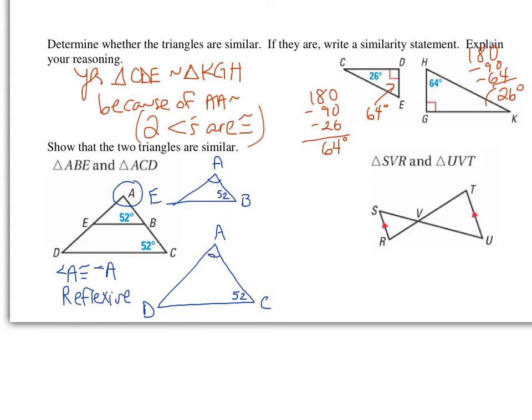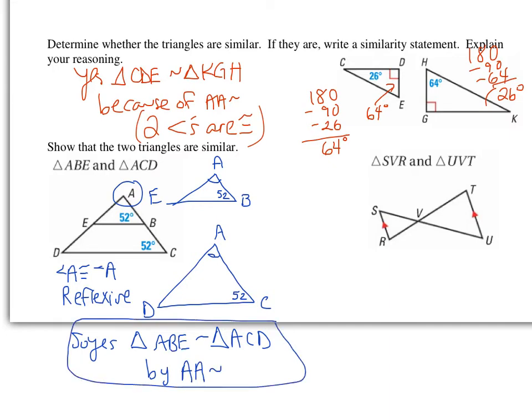So with that, we have 2 angles that are congruent. So yes, the 2 triangles are similar to each other. Triangle ABE is similar to triangle ACD, and our reason why is by angle, angle similarity again.